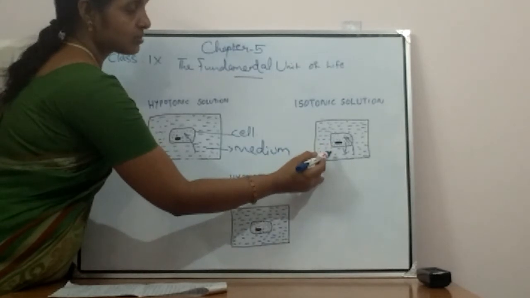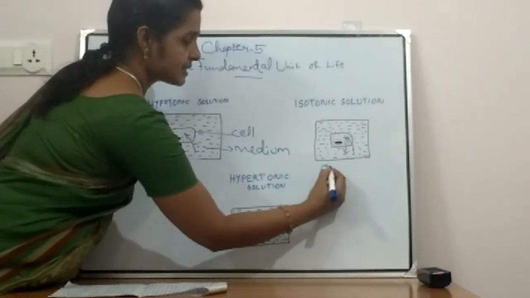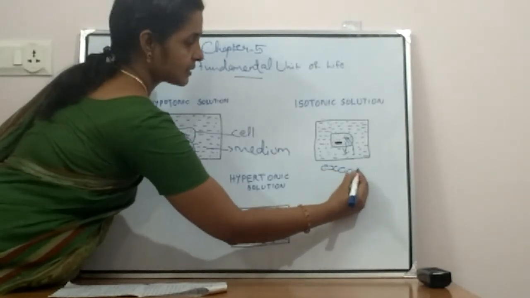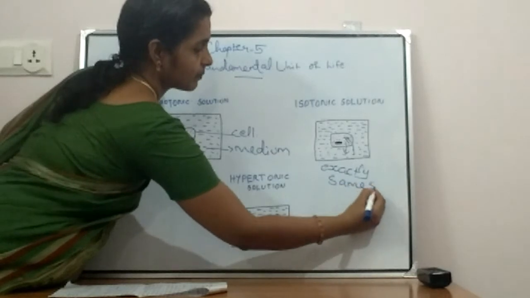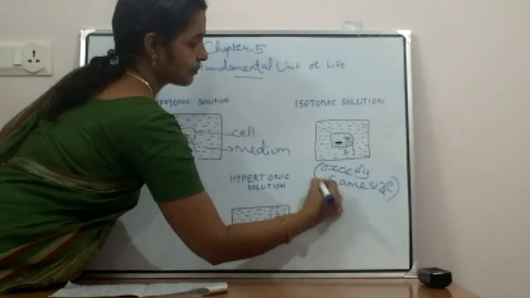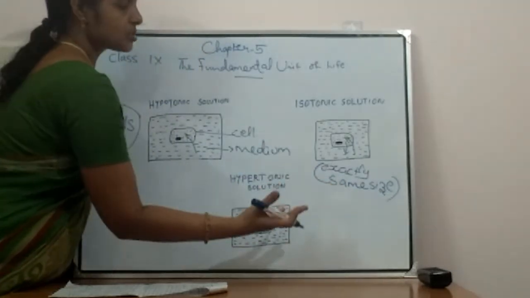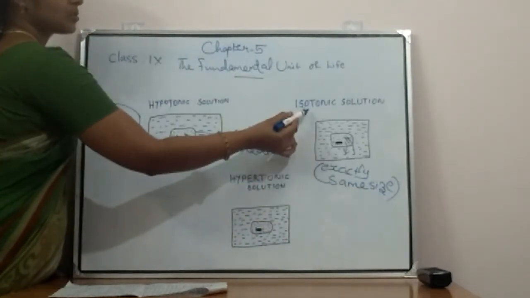So what is the size of the cell? The size of the cell is exactly the same. There is no swelling or shrinkage. The size of the cell is the same. That is isotonic solution.